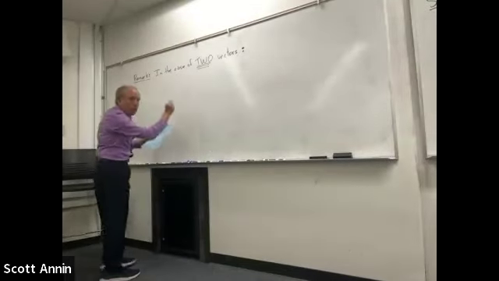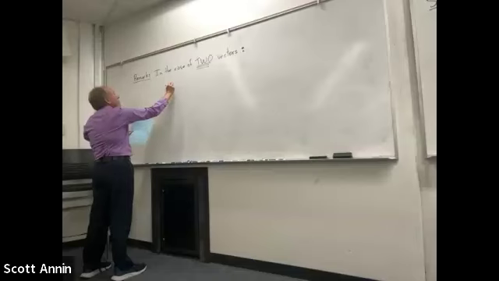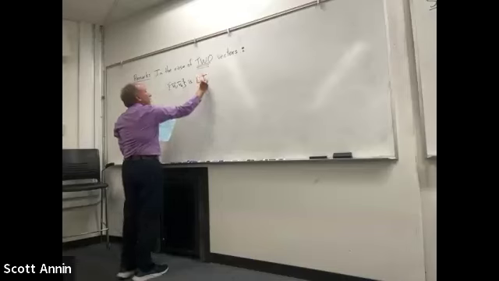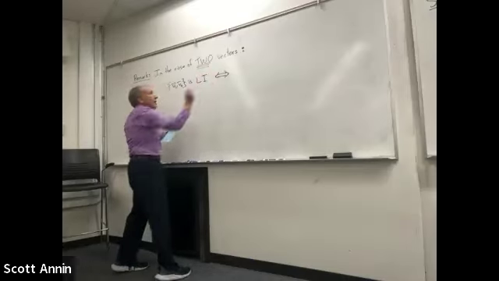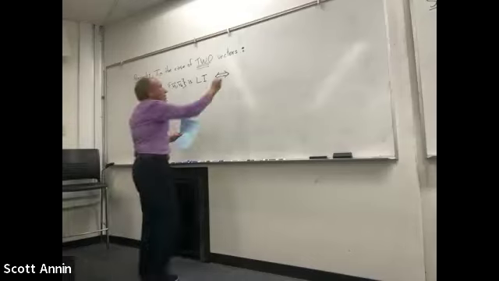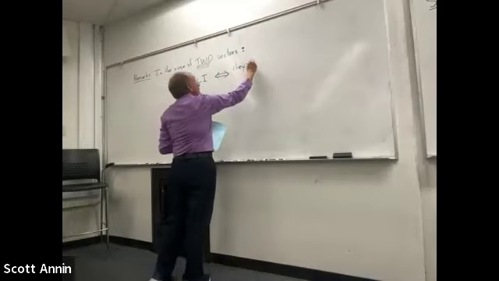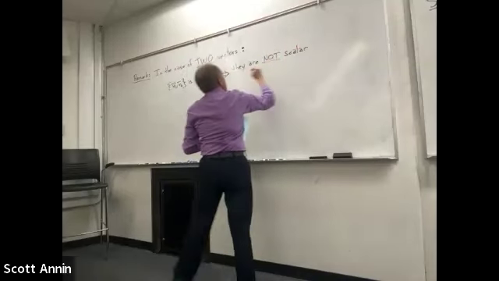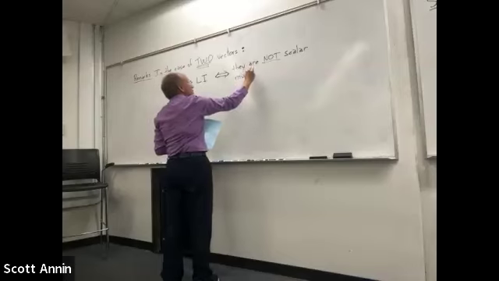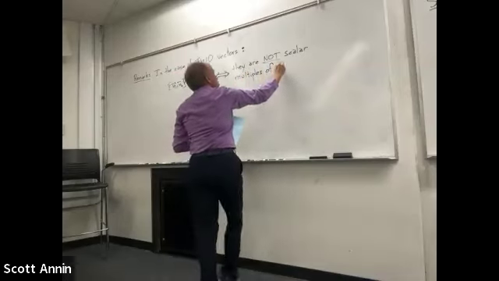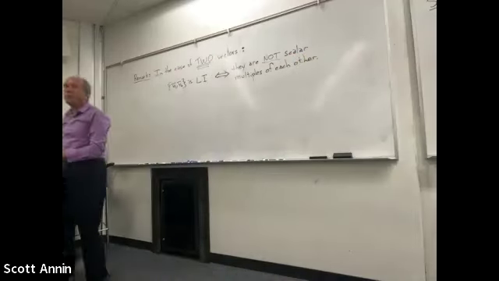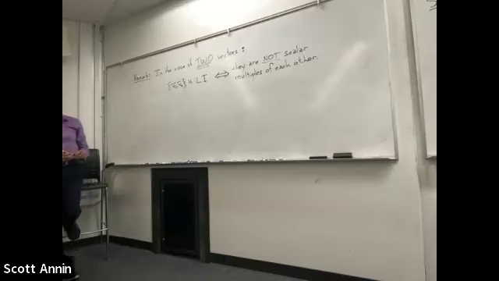In the case of two vectors, the set V1, V2 is LI if and only if they are not scalar multiples of each other. Right. If and only if they are not scalar multiples of each other.